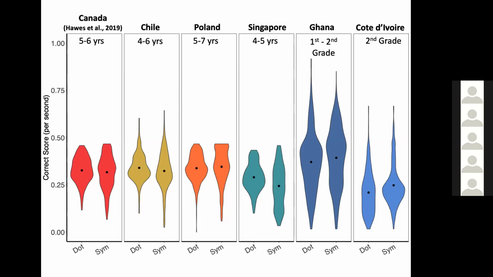And I was also wondering why in Poland and Canada, why is there a cutoff at the top? I mean, there isn't a tail, so there's just a lot more kids that are at the top end.